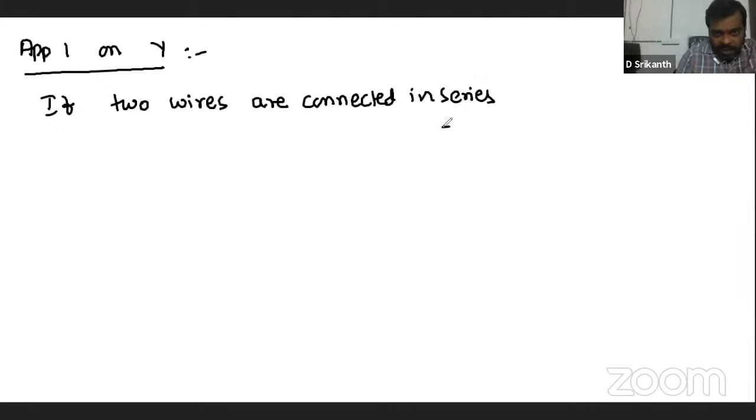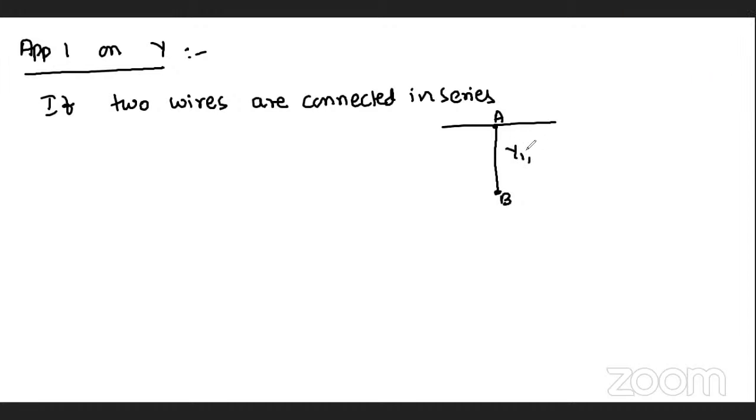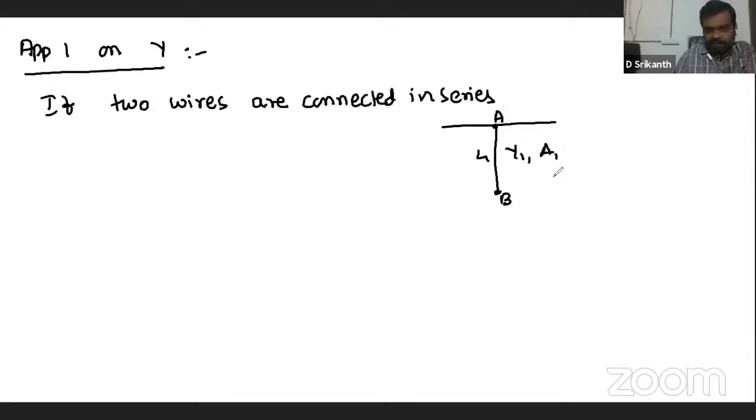Say for example, let us consider I am having a wire. AB is a wire having a Young's modulus Y1, length L1 and area A1.